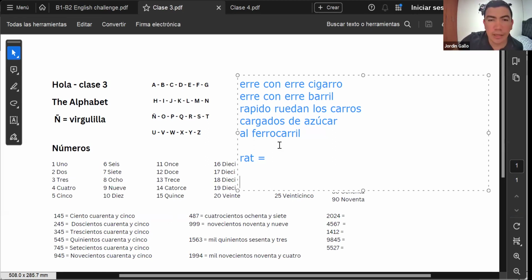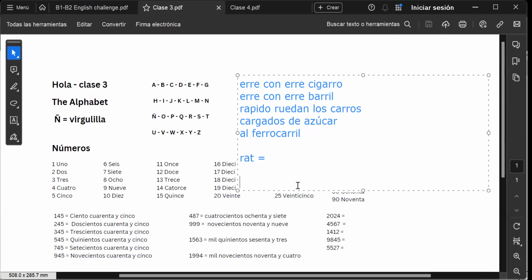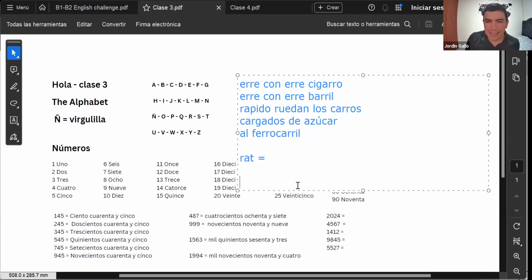So, let's try just with ferrocarril, Terrence, just that word. Ferrocarril, doing the effort there, please. That's the effort. Yeah.